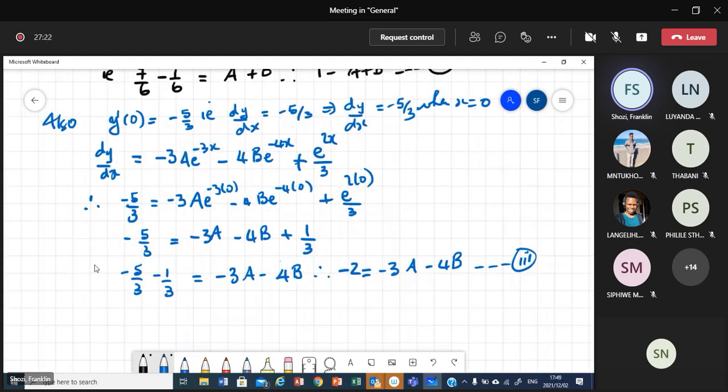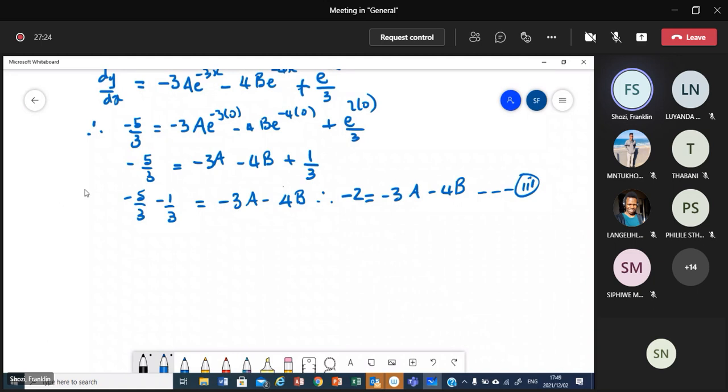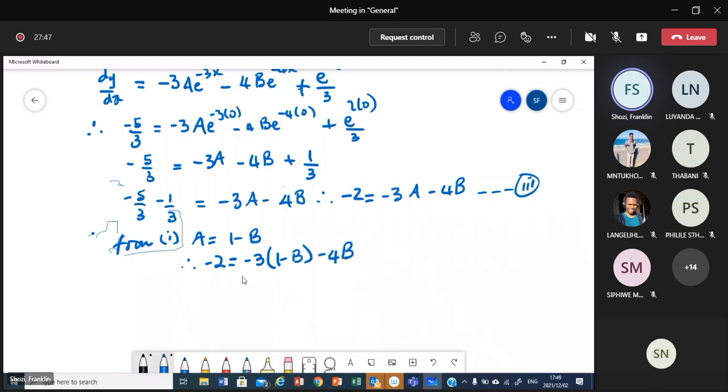I substitute that into equation 2: minus 2 equals minus 3 times (1 minus b) minus 4b. That gives me minus 3 plus 3b minus 4b, that is minus 2.